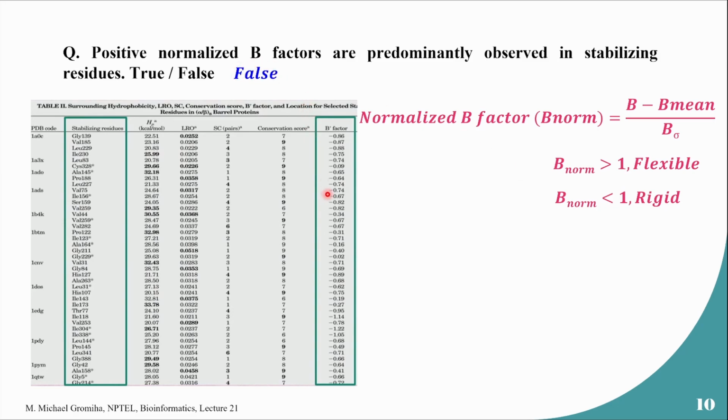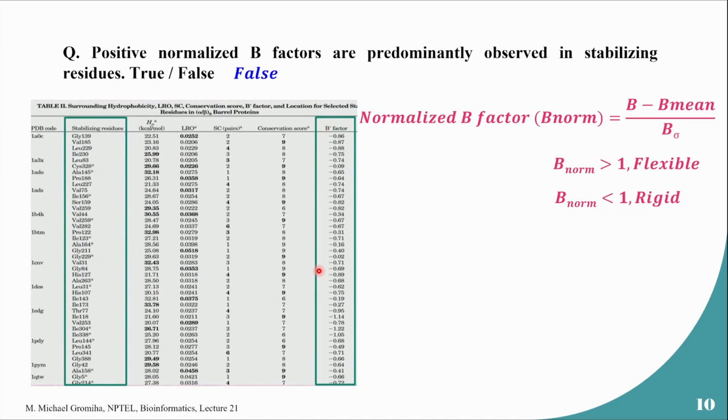We see a slide, for example, that Professor Gromiha also mentioned in his classes, that normalized B factors having highly positive values will usually be indicative of high flexibility, right?